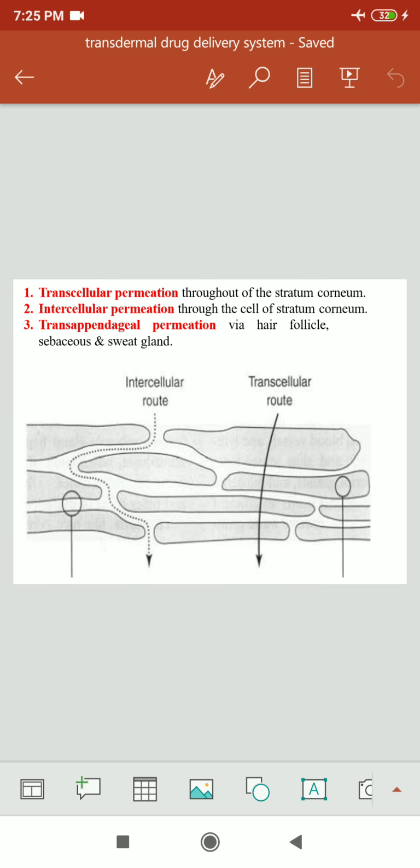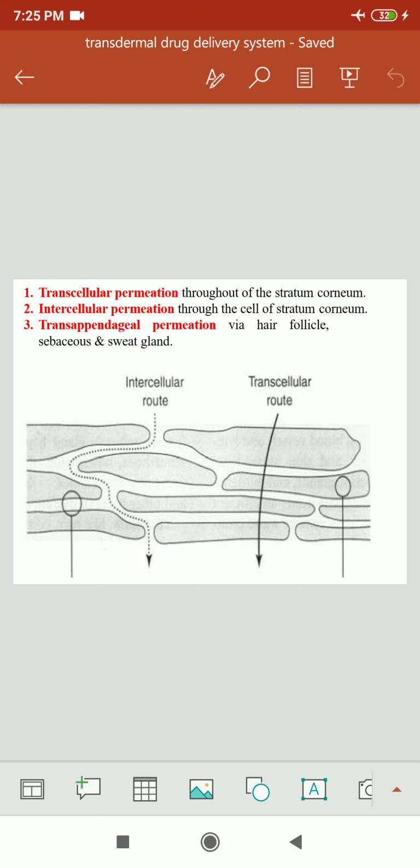Now there are three kinds of permeation pathways. First is transcellular, as in the figure, showing permeation of the drug through the stratum corneum; the drug passes through the cells of the stratum corneum.